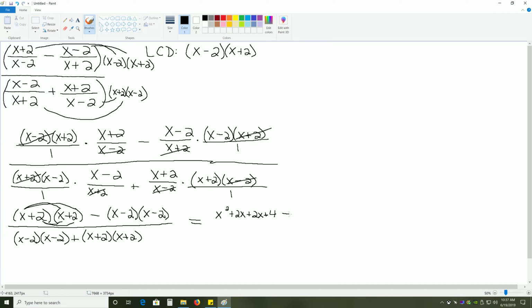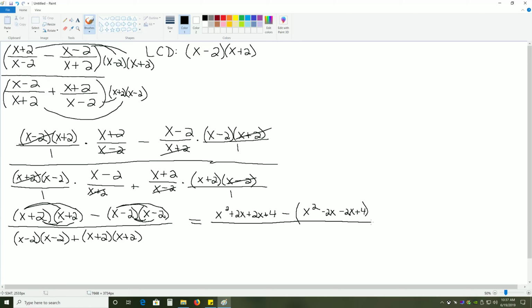Then we'll get a minus the quantity of, because this minus is going to be to every term here, and we're going to distribute these as well. So minus x squared minus 2x minus 2x plus 4.